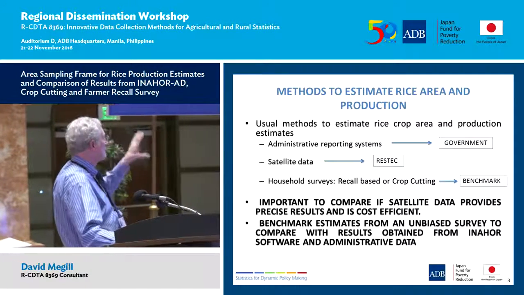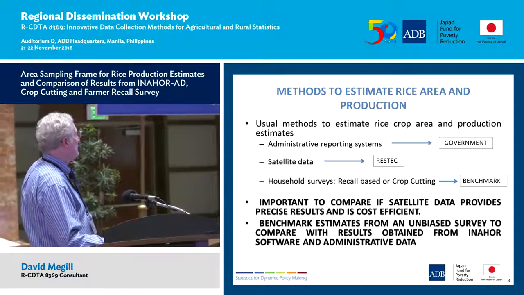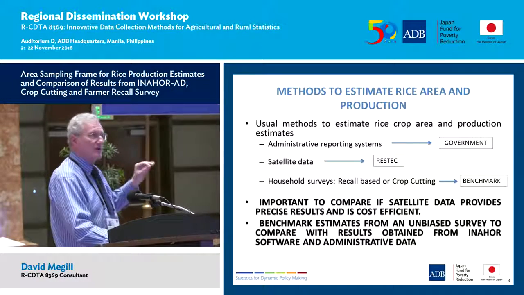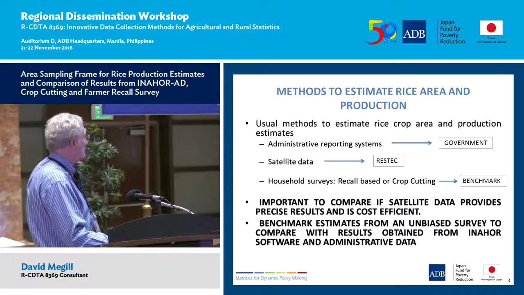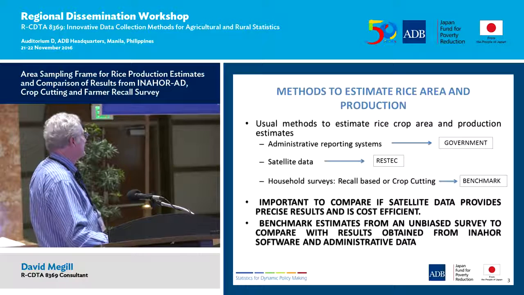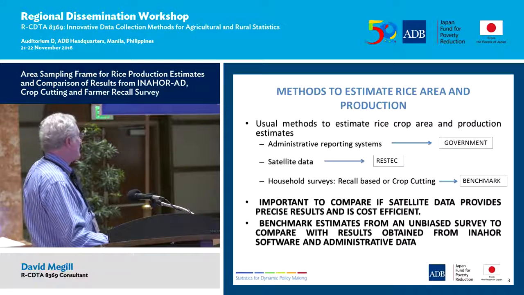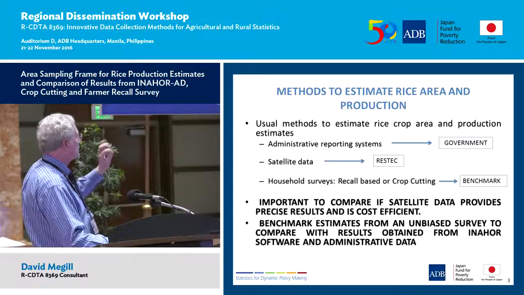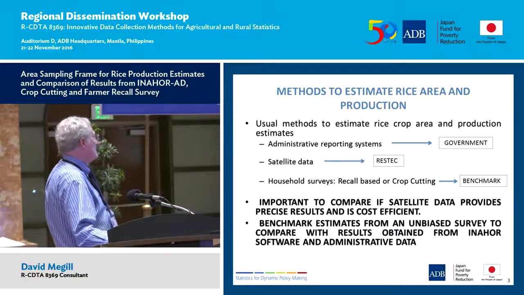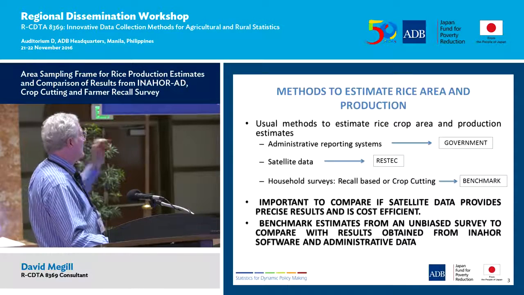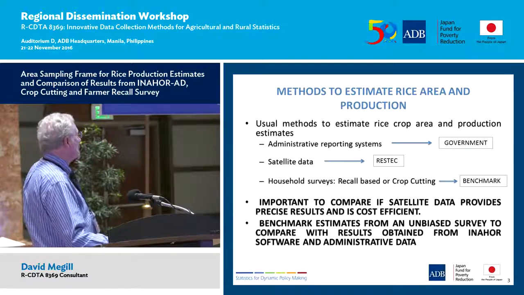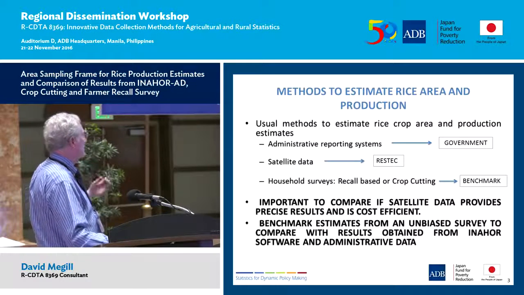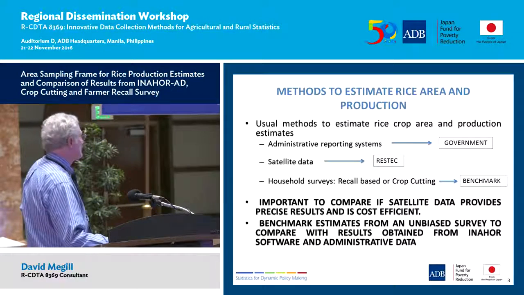And so we're going to be focusing on the crop cutting survey and also a farmer response survey that was conducted under the project. And so it is very important to ground truth the information, the estimation from the satellite data, and also take a look at the cost effectiveness as was discussed just now.